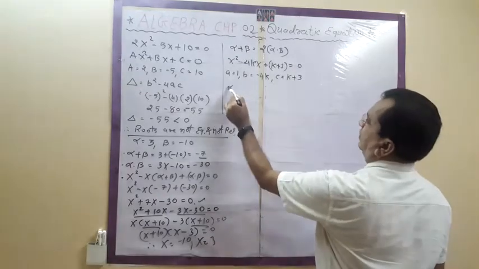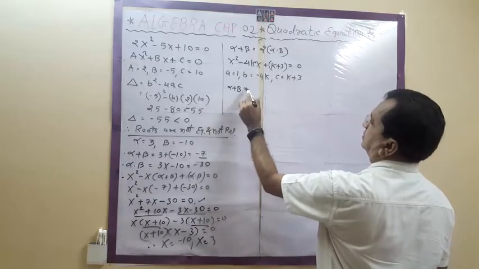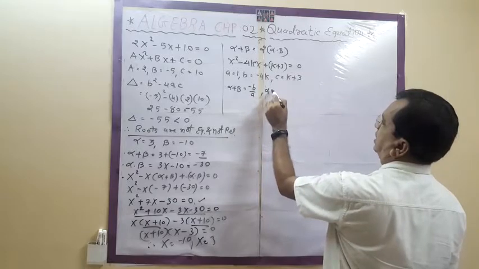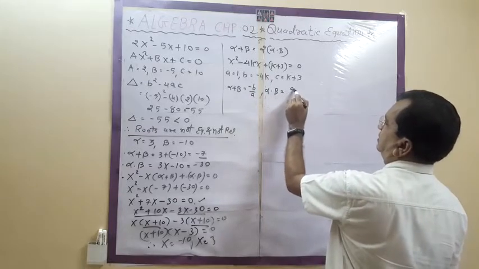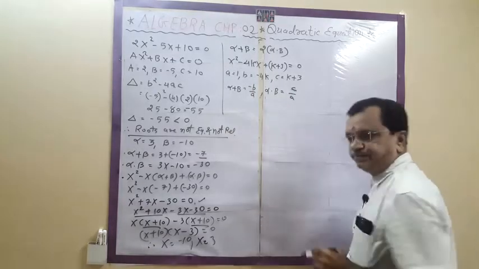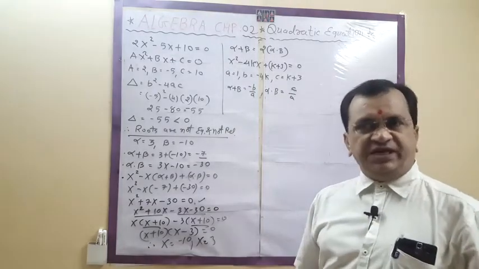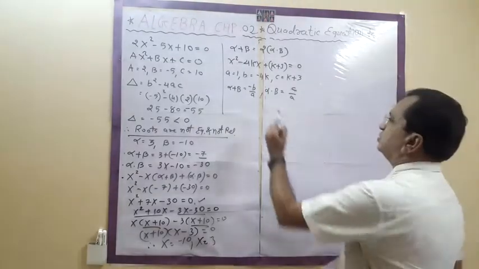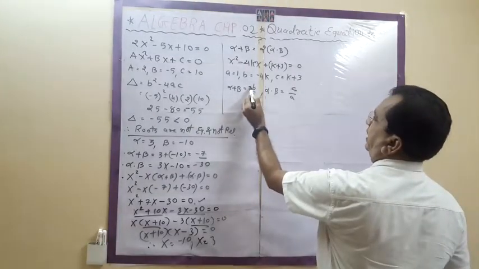Now what is the formula of alpha plus beta? Minus b by a. And what is alpha dot beta? This is the formula, C by a. Alpha plus beta is minus b by a. Alpha dot beta is C by a. So what is b? Minus b we want.